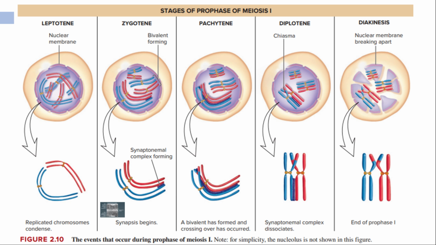Tinawag siyang bivalent because it is composed of two or dalawang chromosomes. Tinatawag naman siyang tetrad because it is composed of 4 sister chromatids. Kasi 'di ba, each chromosome is composed of two sister chromatids at this point. So 2 times 2 equals 4. Kaya tinawag na tetrad. Again, bivalent, also known as tetrad.